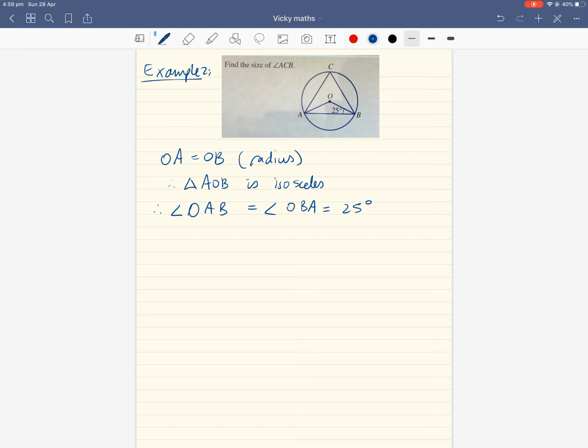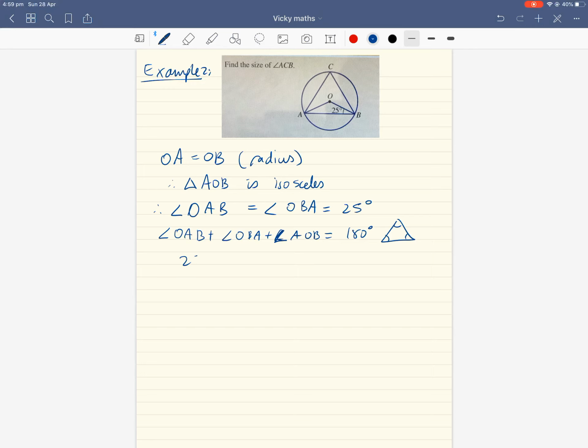Okay, so then we also know that the sum of angles in a triangle must be 180 degrees. So in other words, angle OAB plus angle OBA plus angle AOB must be 180 degrees. Why? Because the sum of angles in a triangle is 180 degrees. So make sure you draw the symbol to explain why.